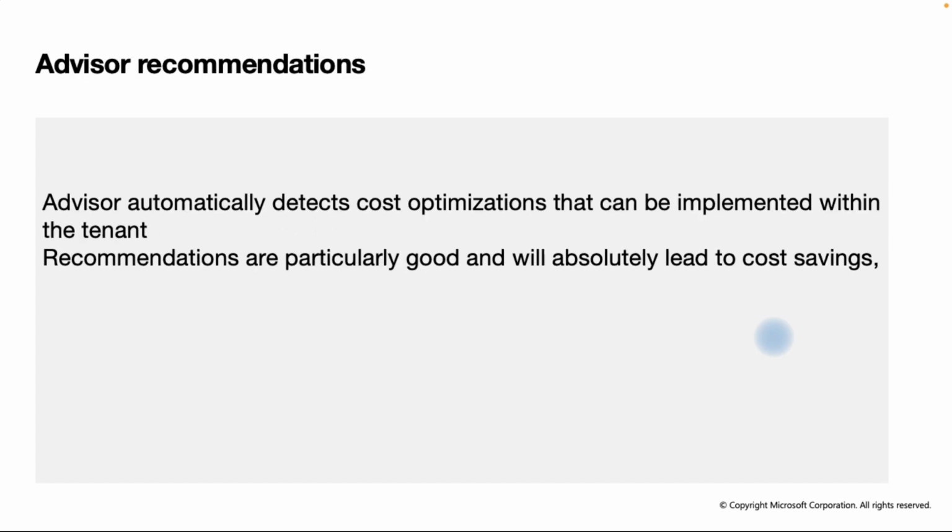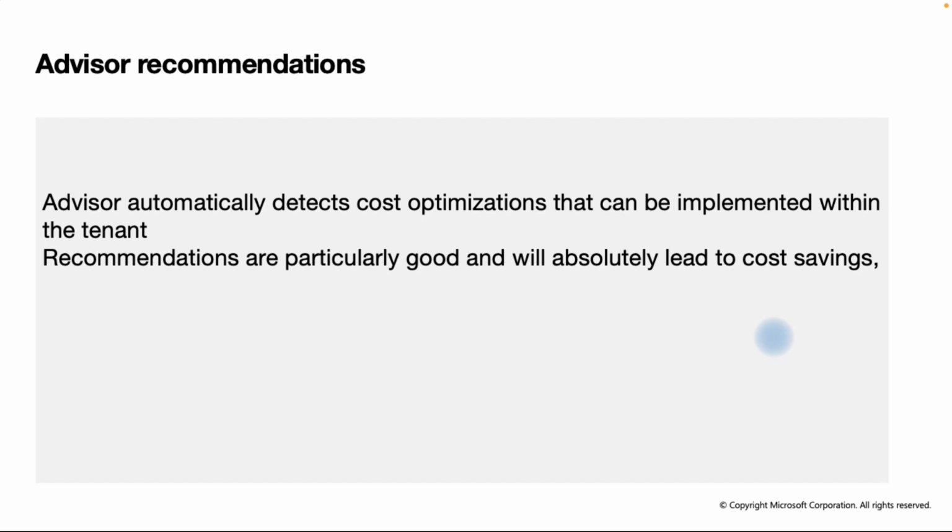This is one of the important ones: advisor recommendation. Advisor automatically detects cost optimizations that can be implemented within the tenant. Recommendations are particularly good and will lead to cost savings. So what is advisor recommendation? In the Azure portal, under cost management, you will get the advisor recommendation showing where the cost is higher and how we can reduce the cost.